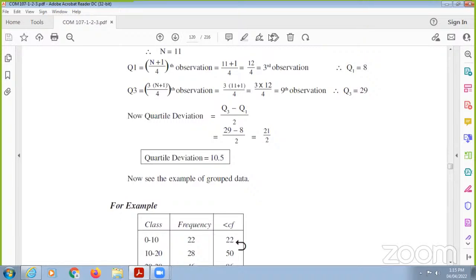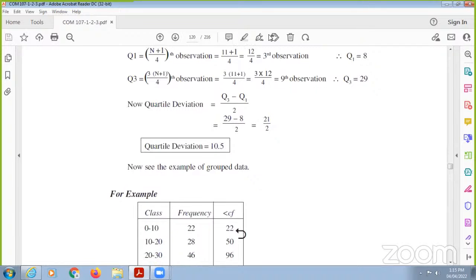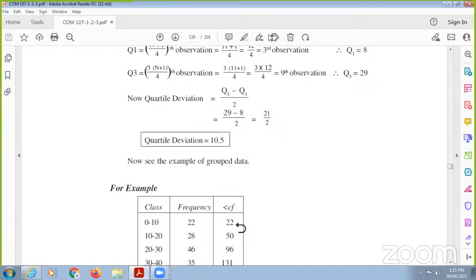Then 10 to 20 has frequency 28, and the cumulative frequency is 22 plus 28, which is 50. The third class is 20 to 30 and the frequency is 46. Then the cumulative frequency is 50 plus 46, which is 96.